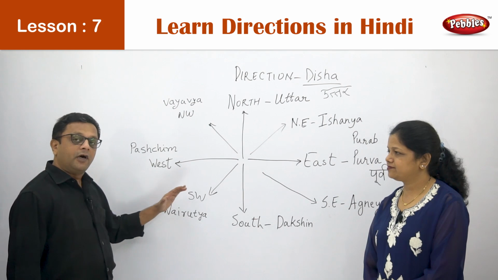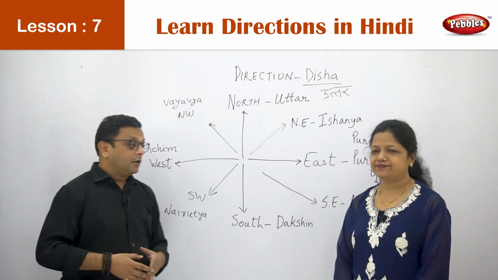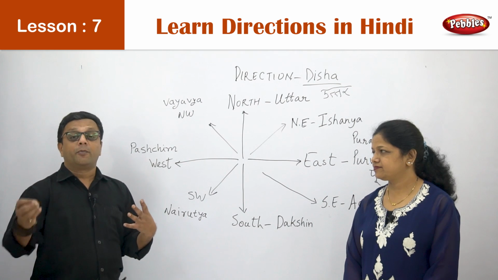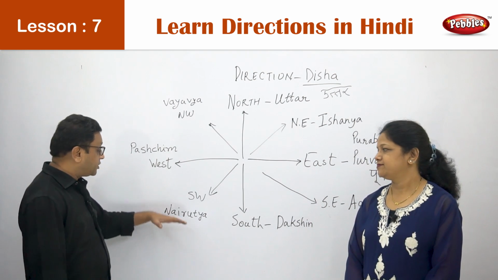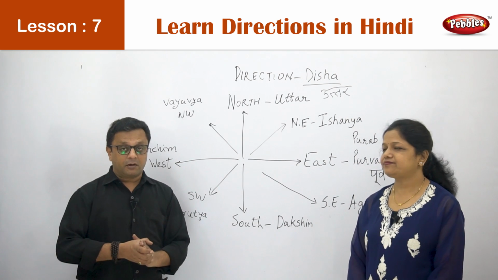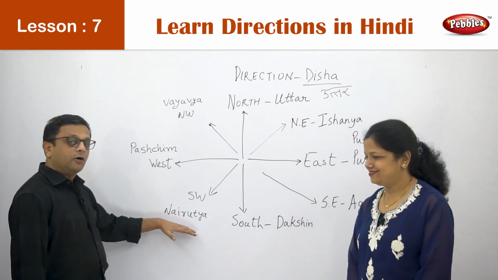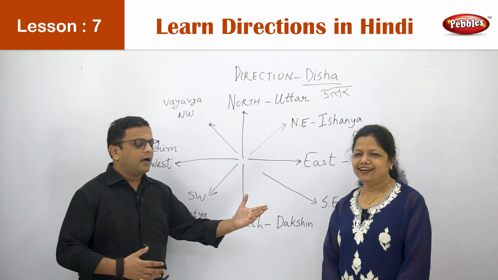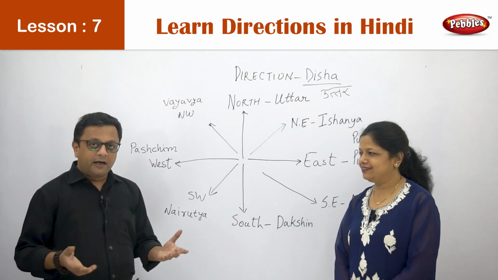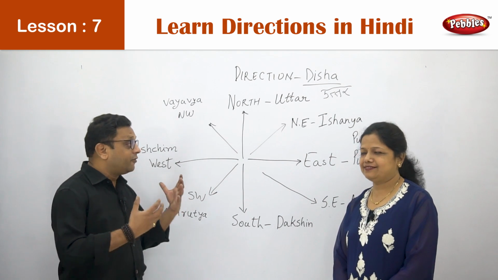This side of your house should always be very heavy. So if you have the safe where you put your property papers or money, always keep it on the southwest side. The earning member of the house, his bedroom should always be on the southwest side. You can see how it's done according to Vastu Shastra, and how deep a study Indian culture has done on everything.